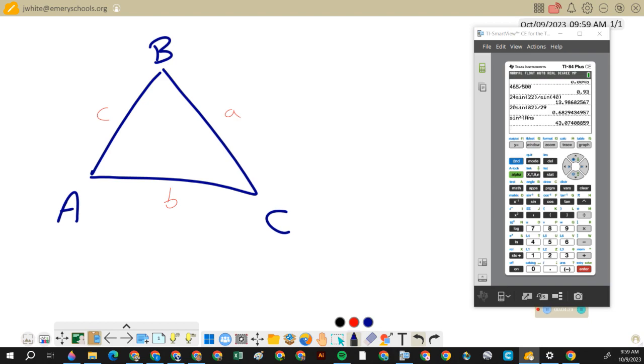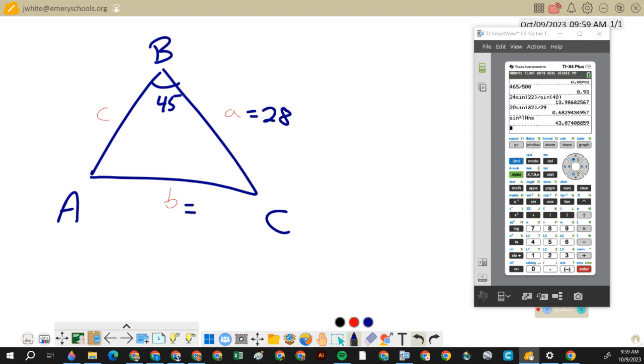Let's do number 12. So angle B is 45. Side a is 28.